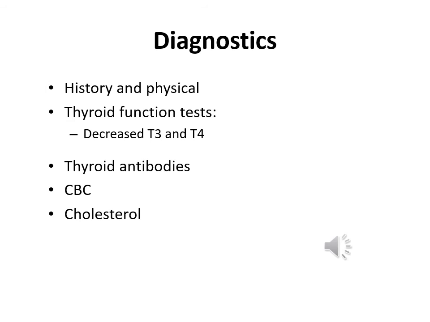However, if both the T3 and T4 and the TSH are low, this indicates an issue with the pituitary gland rather than the thyroid. Thyroid antibodies indicate that there's probably an autoimmune origin. Additional diagnostics include CBC and cholesterol, as the client may have anemia and high cholesterol.